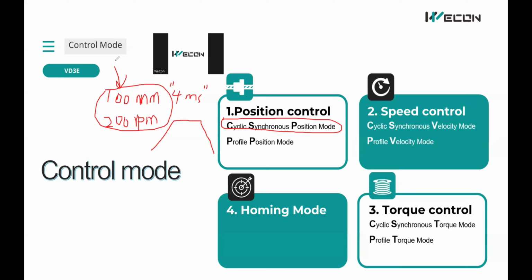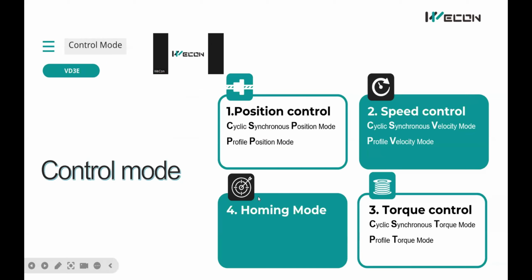So it means the PLC will only send these parameters to the driver at the beginning, and the driver will itself achieve the target position. This is what we call PP, and CSP, PV and CSV, PV, CST, PT are the same.